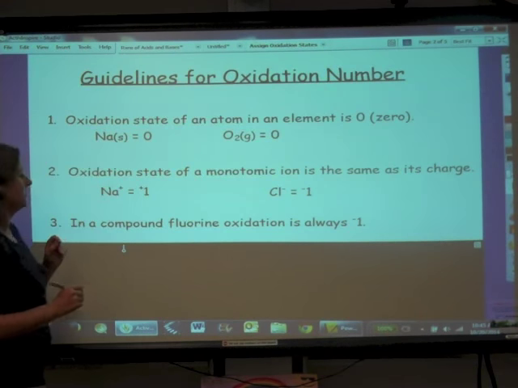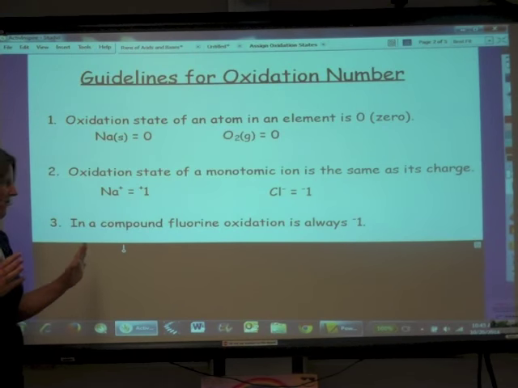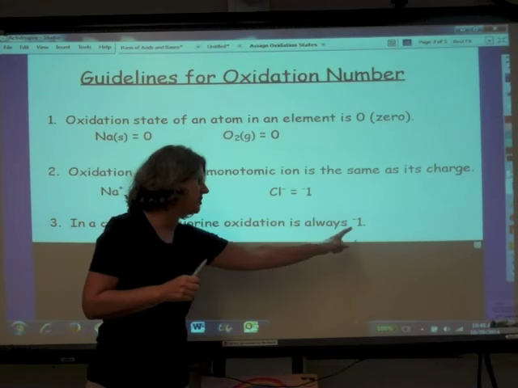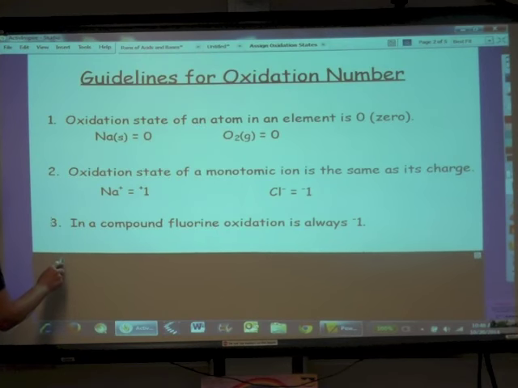In a compound, number 3, fluorine always has an oxidation state of -1. So fluorine is one of these rigid nonmetals. Its oxidation state never varies. Its oxidation state is always -1. We aren't asking why.